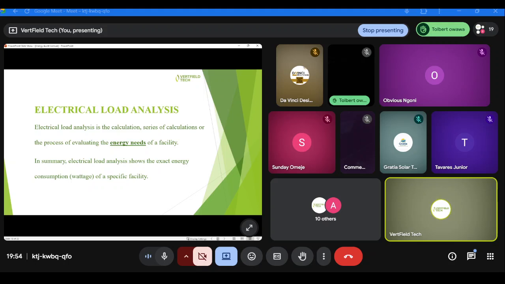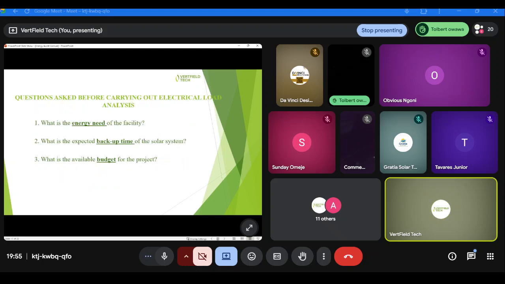So electrical load analysis, or load audit for short, is a series of calculations, processes of evaluating your energy need. That is what it simply means. In summary, it shows the exact energy consumption, wattage, of a specific facility. Just like we said earlier, it tells you the wattage being consumed by your various appliances.